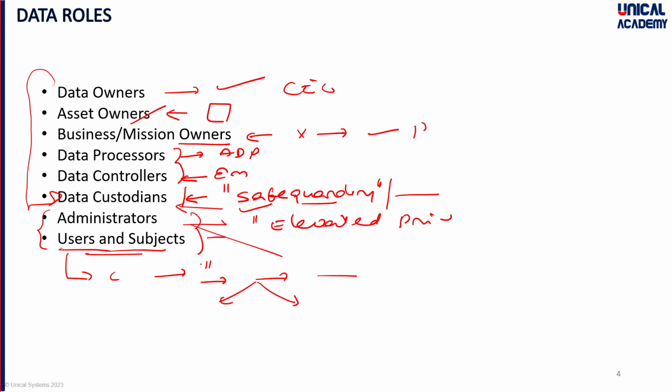When access needs to be provided for these users, either as database administrator or system administrator, they can be considered as the administrator, with designated, identified, delegated, elevated privileges for access management or authorization management of the users. That's how all the data roles can be remembered.